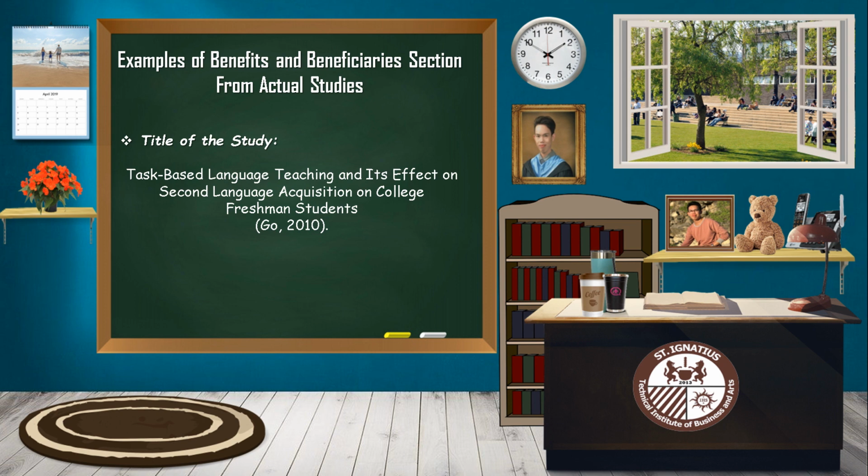Kasi pag sinabi kasi nating task-based, ito yung student-centered. Kumbaga, laging kumikilos ang mga estudyante, lagi silang may activity. Ano ba daw effect nito para ma-improve yung kanilang second language acquisition? Yung second language, ito yung tinatawag natin yung English. Kasi, di ba, may tayo tinatawag na English as a second language. So, may improve ba o may enhance ba? Base sa kapag lagi silang naka-hands-on activity.